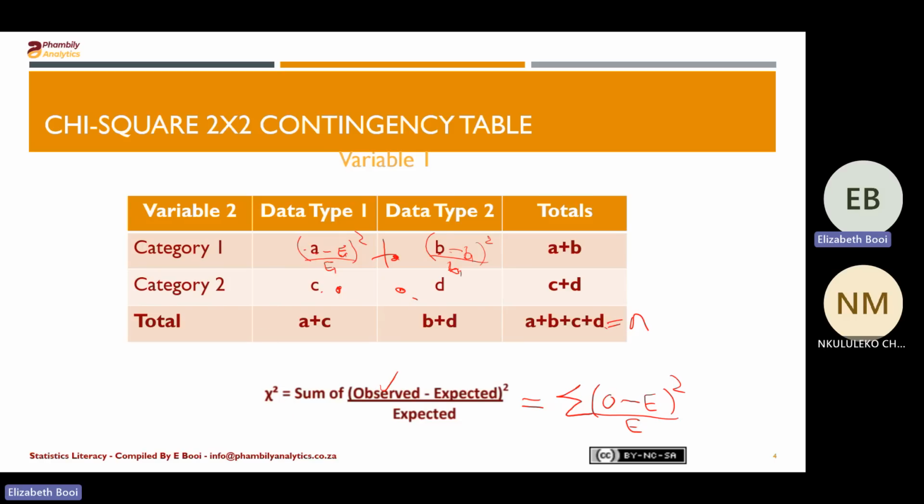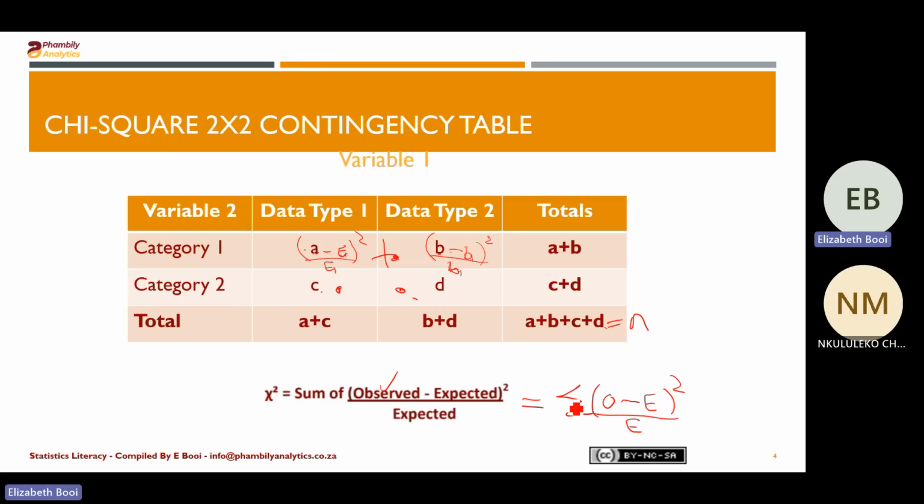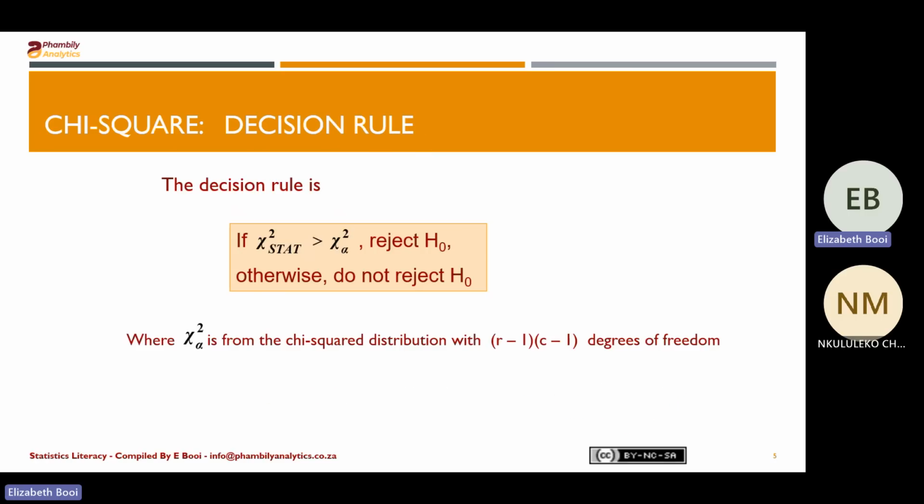Okay, so we're going to look at an example on how we do this. But before that, you also need to be aware of how you're going to make a decision and conclude at the end. So the decision is based on the test statistic that we would have calculated, which is this formula you would have calculated, and the critical value. And the critical value is the value you're going to find on the table.